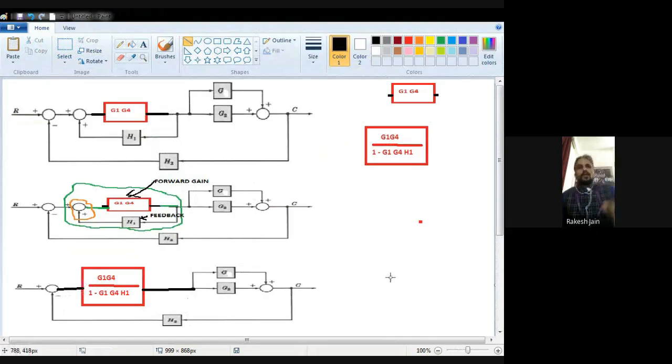Now once again we have to solve the next step to find out the transfer function.